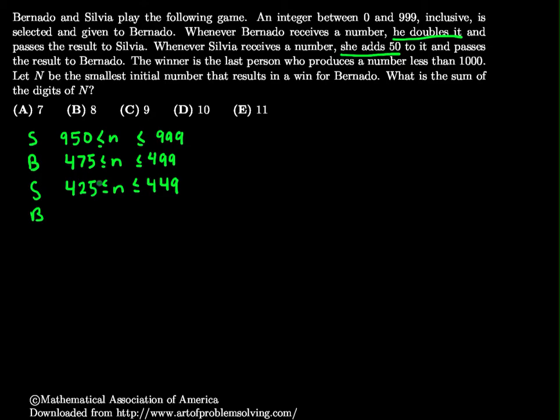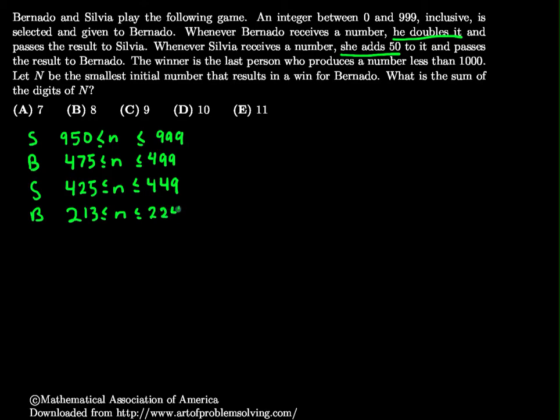Now, in this case, I will always round this half up, because I'll get 212.5, but if I pass 213, then he'll be in the right range here. He'll be between these two numbers. So this side always rounds up, this side always rounds down to make sure that I end up in this correct range. And this one I have to round down, so that's going to give me 224.